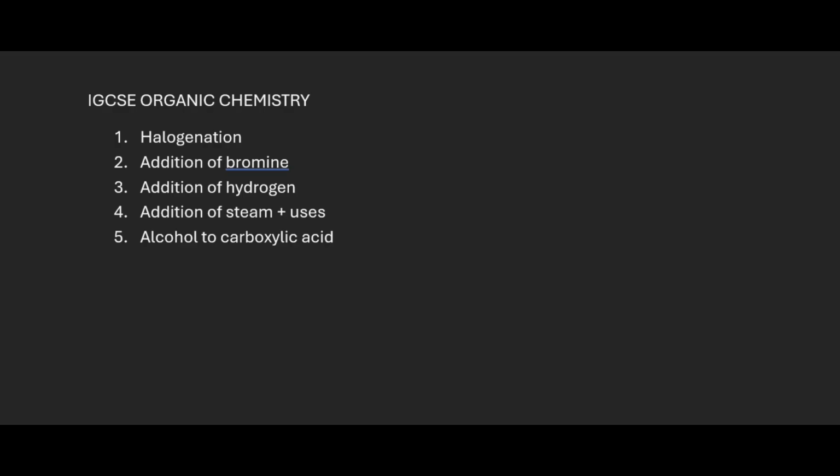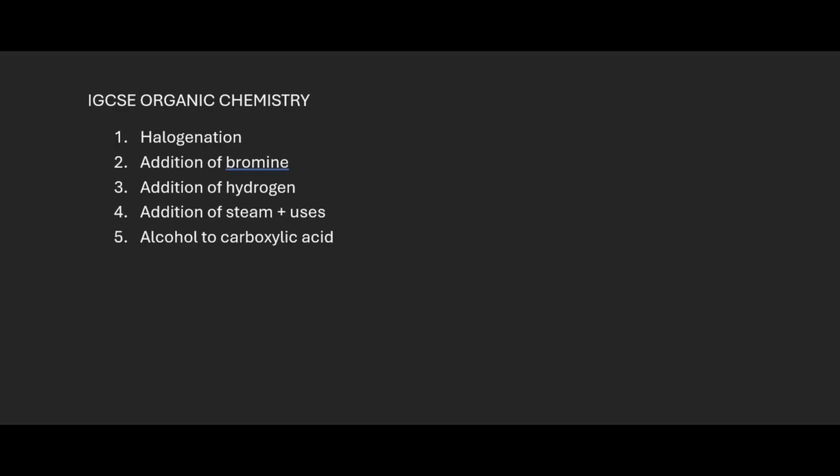So H2O gas added to ethene will give us an alcohol, which is ethanol. And if you don't know the general formula of an alcohol, it is CnH2n+1OH. This reaction requires a temperature of 300 degrees Celsius. The pressure should be 60 to 70 atmospheres, and the catalyst is phosphoric acid.